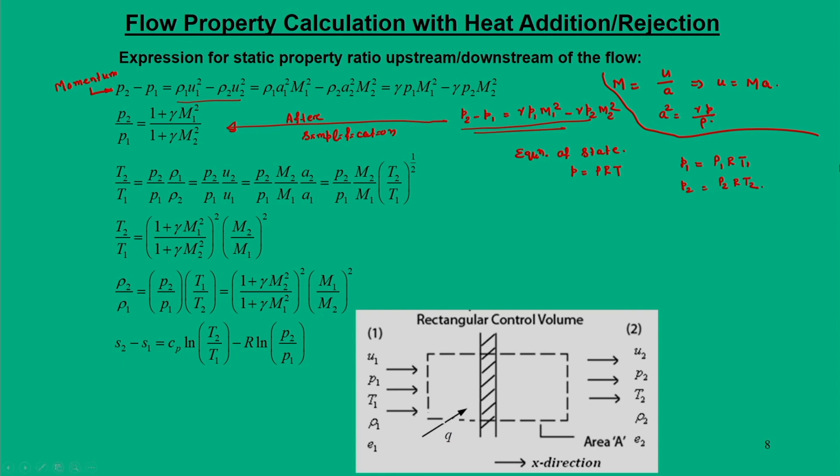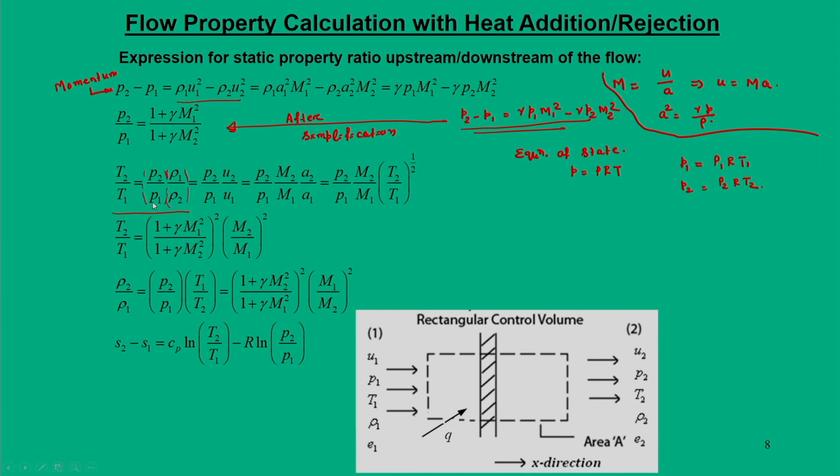This gives the relation that T2 by T1 is equal to P2 by P1, in whole bracket, into rho 1 by rho 2.